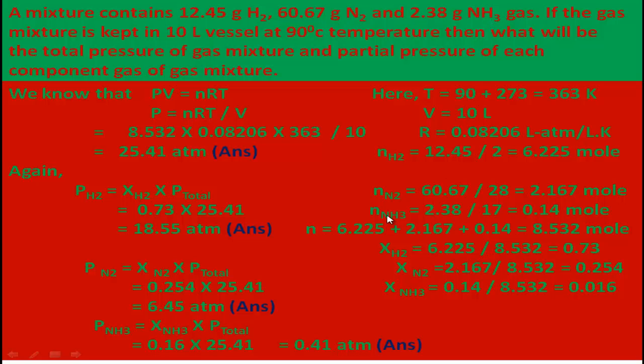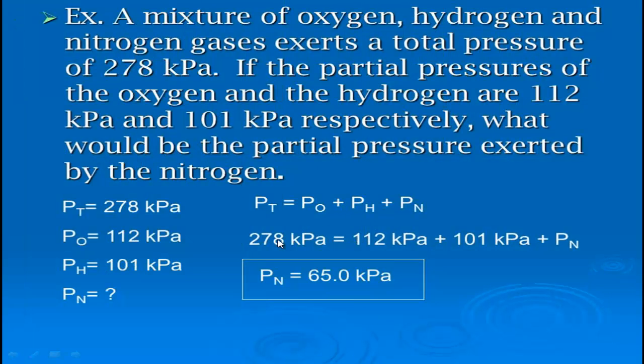So my dear students, like this way you can easily solve different problems based on Dalton's law of partial pressure. Also, sometimes the total pressure is given, and also the partial pressures of all component gases except one, and you are asked to determine the partial pressure of that component gas. In that case you simply have to subtract the pressures of the other component gases from the total pressure.